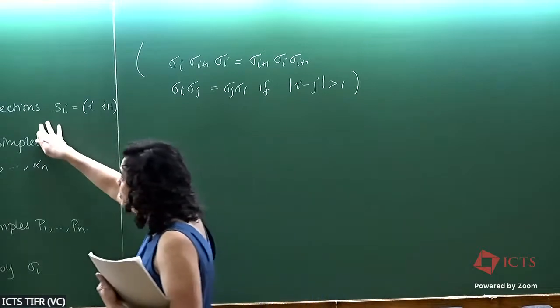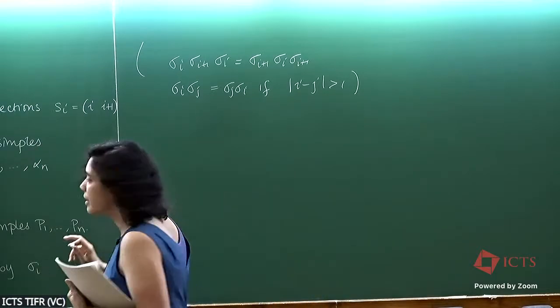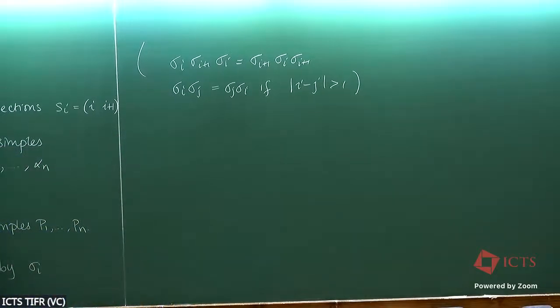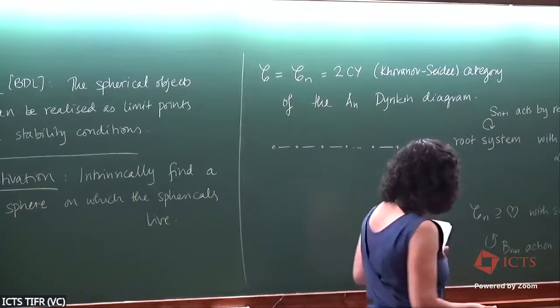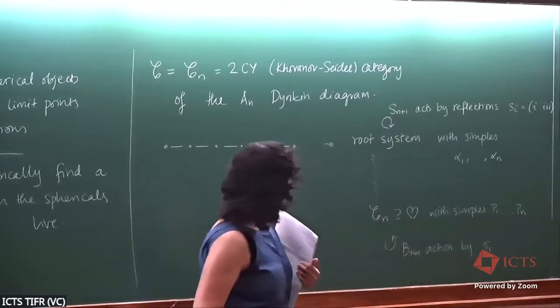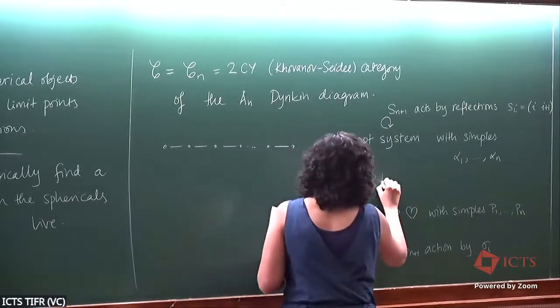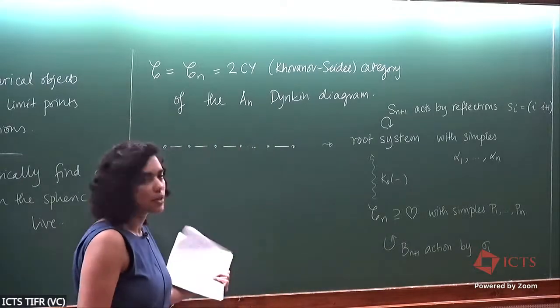The symmetric group is a quotient of the braid group, obtained by adding the extra relation that the generators square to 1. So this is an upgrade of the standard representation on the root system. And to go back from here to there, you take the Grothendieck group. So that's the category that I want.